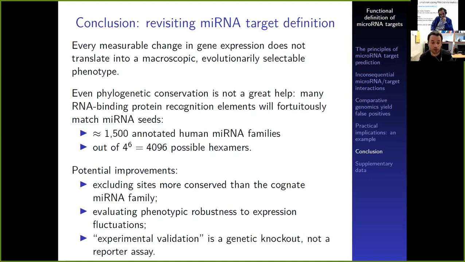And so what I would suggest, at least when people predict microRNA targets and use these computational tools, is first, very obviously, to exclude binding sites which have been more conserved than the microRNA itself. This is especially frequent with very poorly conserved microRNA families. But also, we proposed in a paper that we published in 2017 that the actual phenotypic robustness of a given gene can be measured by looking at the inter-individual variability among wild-type individuals.